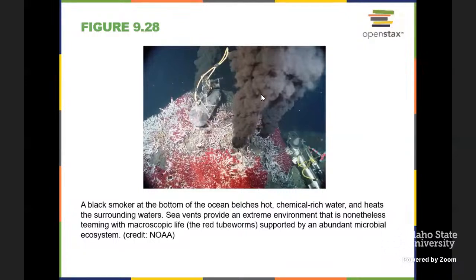So a bunch of nutrients spewing out through these black smokers, sulfurs that a lot of these organisms are potentially able to utilize. We may describe them a bit later as chemolithotrophs, using some other molecules as sources of electron acceptors or energy.